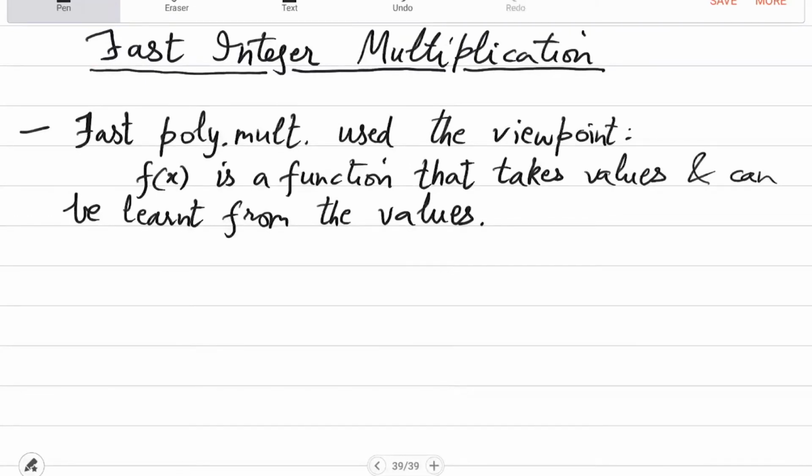So you can call it the functional viewpoint. Instead of thinking of a polynomial as just a sum of monomials, it's actually a function. When you substitute for an argument, you get a value. And these values are what were used to multiply in the base ring, hopefully, and then learn the polynomial product h.